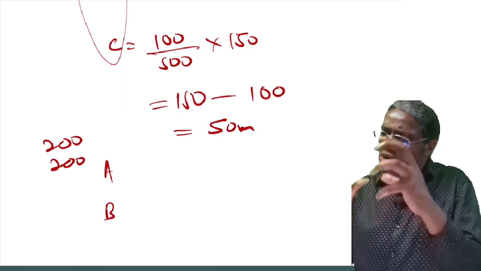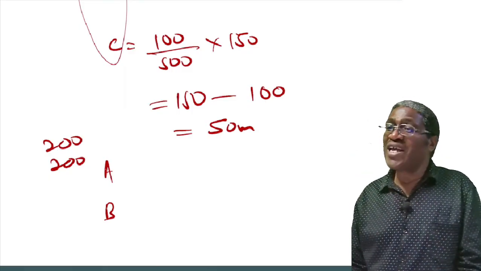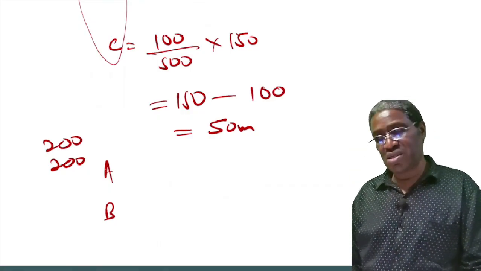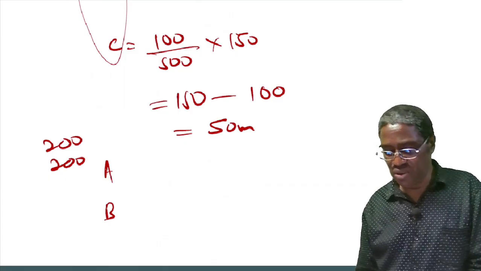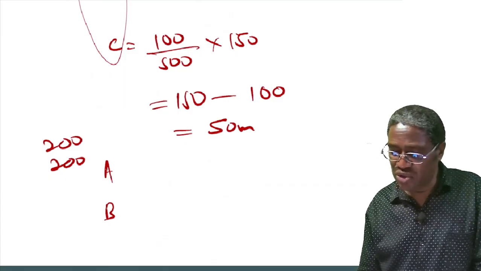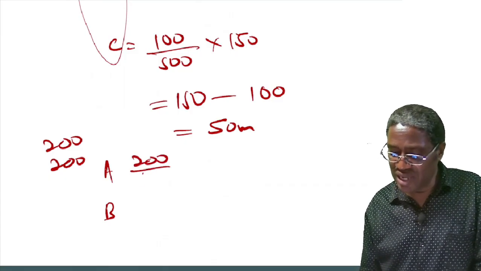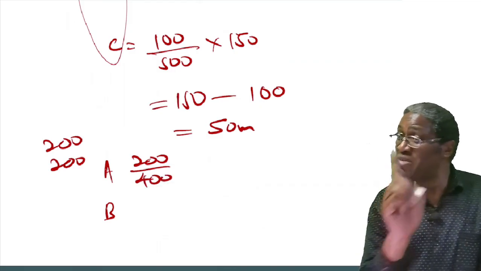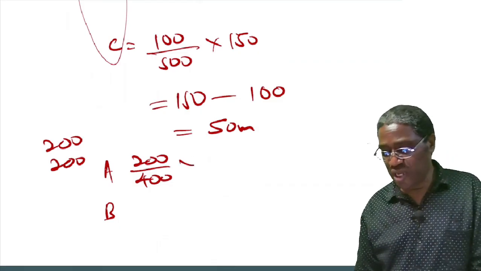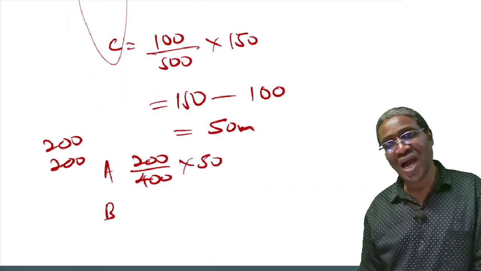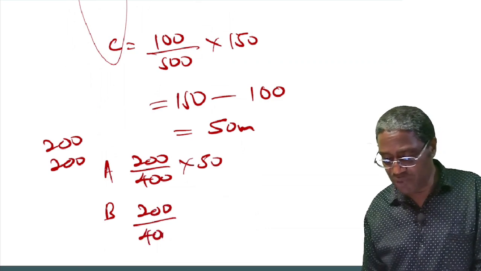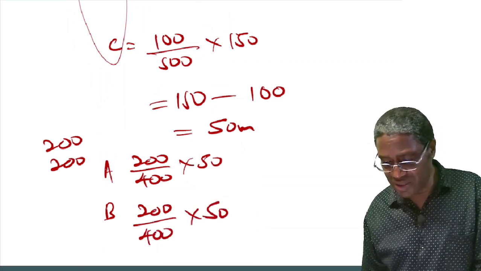So this balance of 50, you write off against the other assets in the unit on the basis of their carrying amount. In other words, against A, it will be 200 divided by 400, not 500, because you have already eliminated goodwill, then you multiply that by 50. Against B, it has a carrying amount of 200, divided by 400 times 50 again.